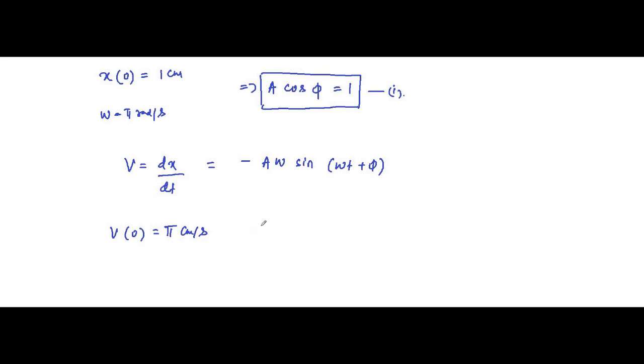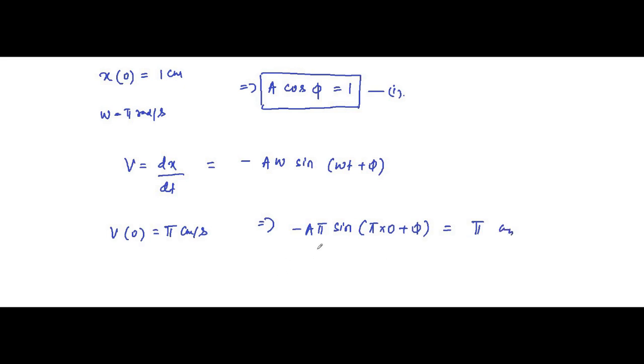So if we substitute the values here, that implies minus A pi, because angular frequency is pi, sine pi into 0 plus phi is equal to pi centimeters per second.